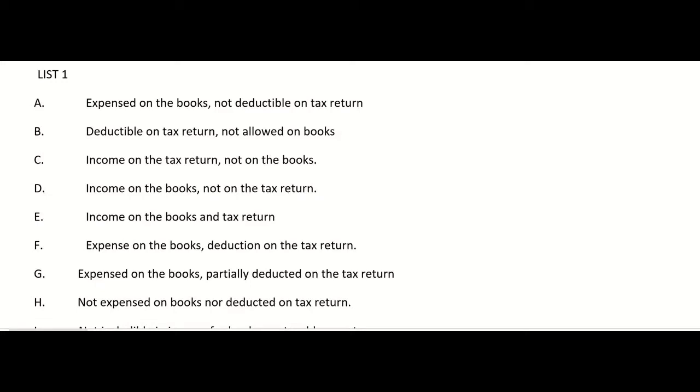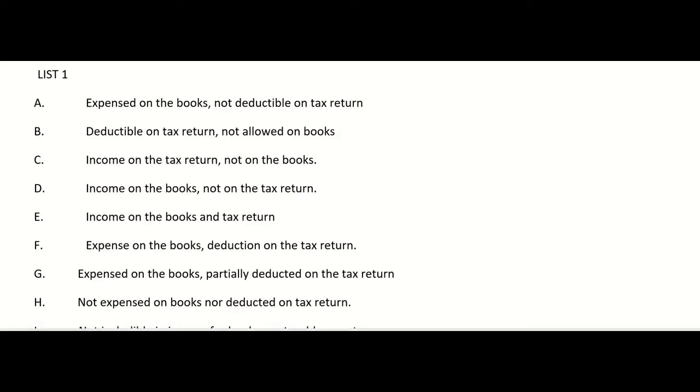What about federal income tax paid by a corporation? That's expensed on the books, but federal income tax would not be deductible on the corporate federal return. So you would choose letter F for state income tax. For federal income tax, what would you choose? That would be letter A. You'd expense it on the books, but you wouldn't be able to deduct it on the tax return.